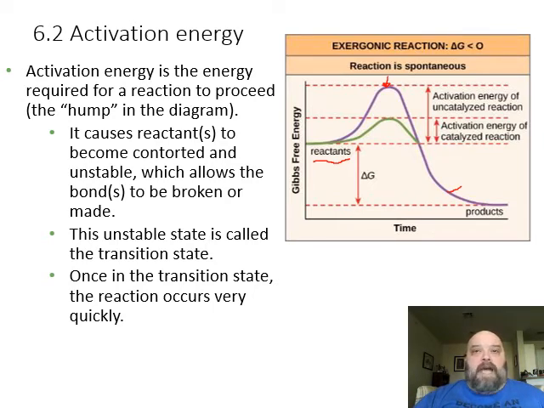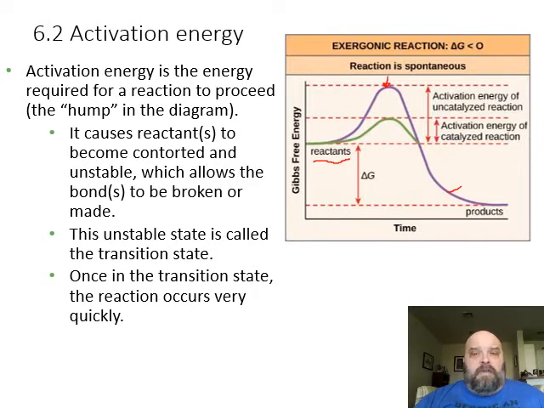We see that the reactants, just because of what they are, will have a set amount of energy involved in them. That's where it says the delta G. There's so much energy there, but there has to be more added in.